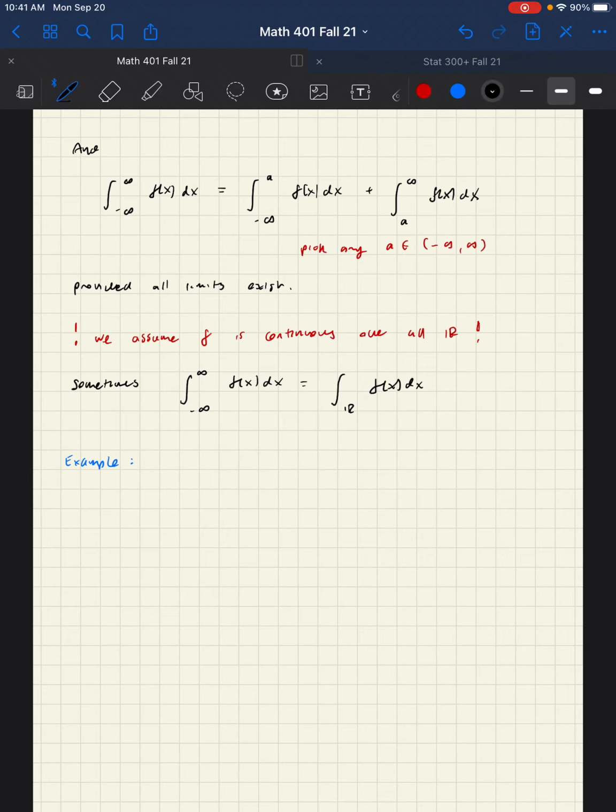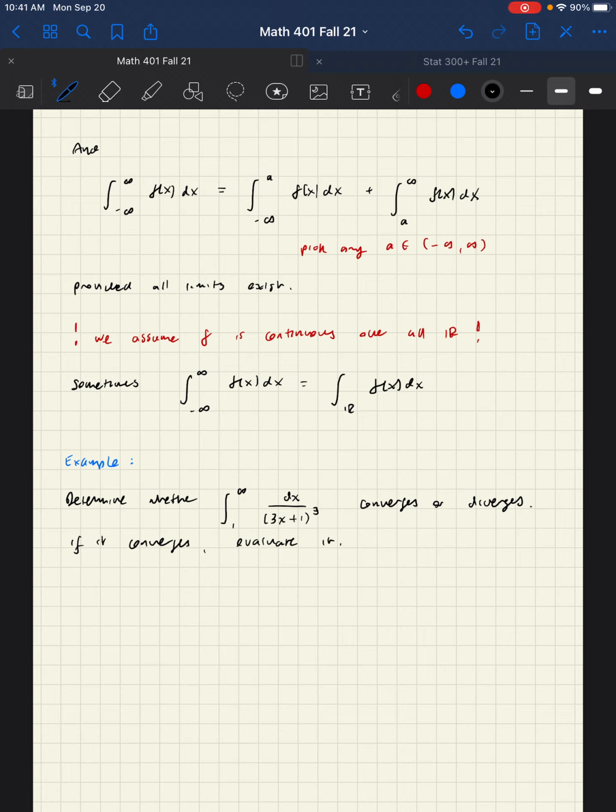Okay, now that we've done all that, let's actually see an example. Let's get our hands dirty. Okay, so we're going to determine whether the improper integral from 1 to infinity of dx over (3x plus 1) cubed converges or diverges.